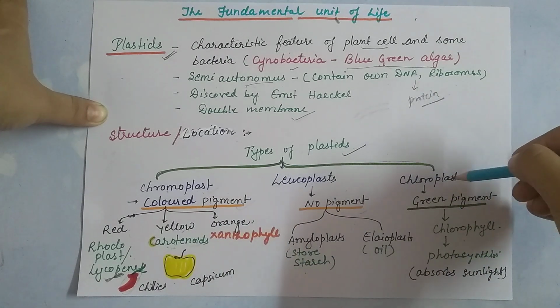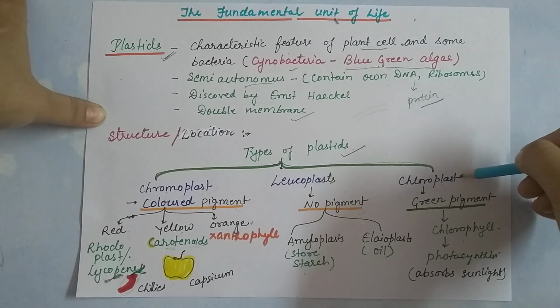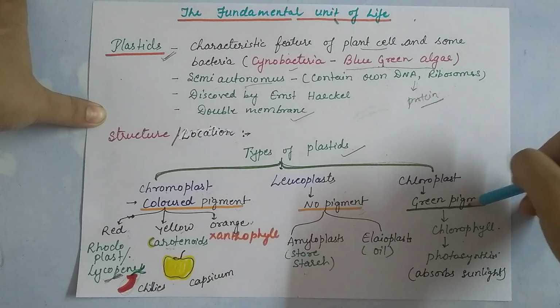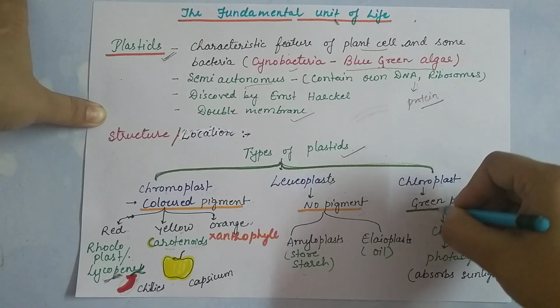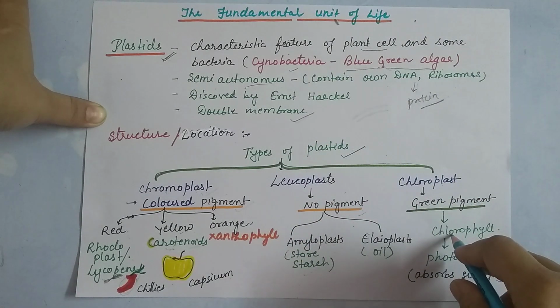Next one is chloroplast. You all know about the chloroplast, the green color pigment, and most parts of plants are green in color, and leaves are green in color. Why? Due to the presence of the green pigment called chlorophyll.